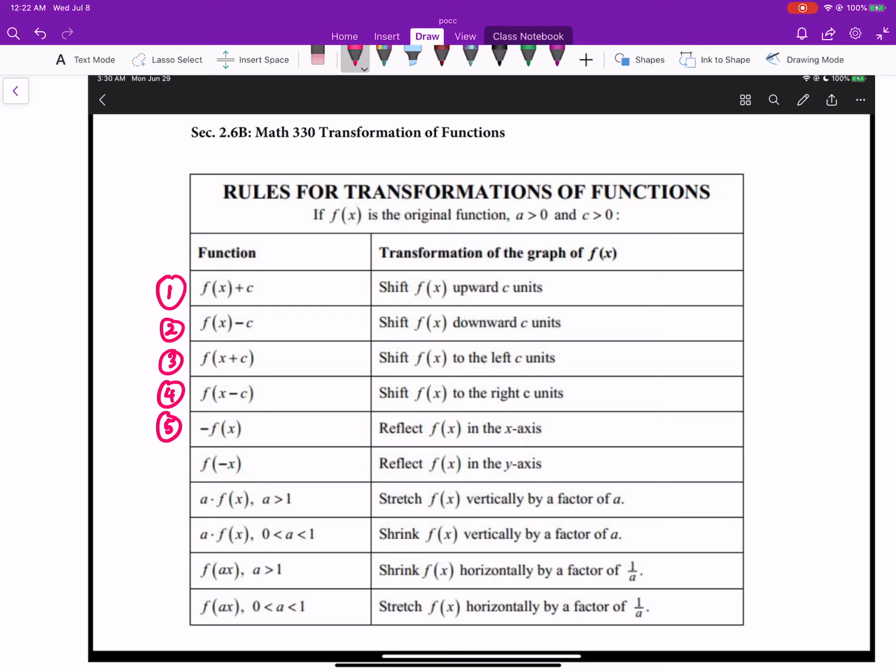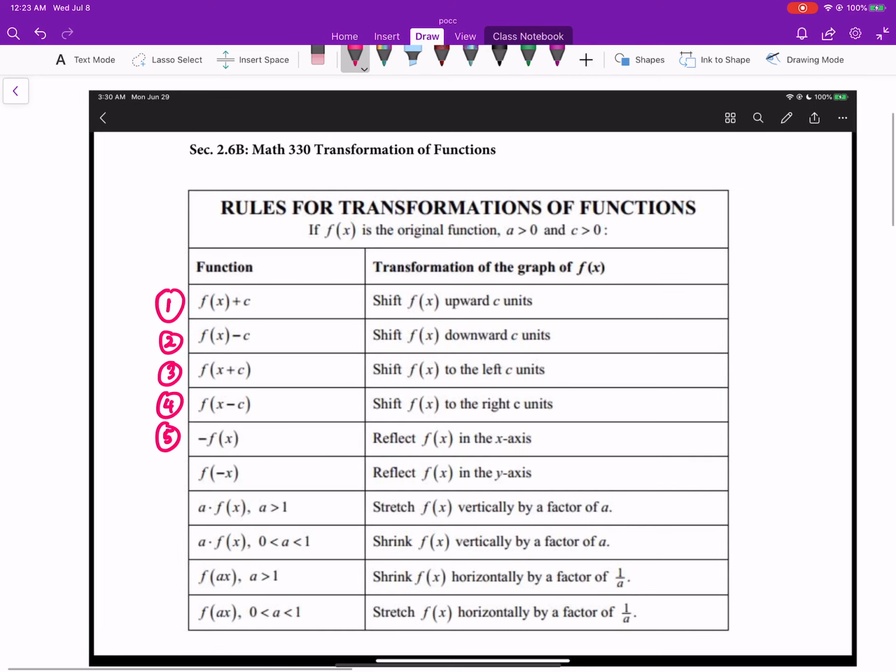All it tells us is that you're reflecting about the x-axis. So all the y values switch. So you reflect about the x-axis. All right. And then if the negative is inside the input x, what it tells us is that the function is reflecting about the y-axis. Okay. So that's what's going on.